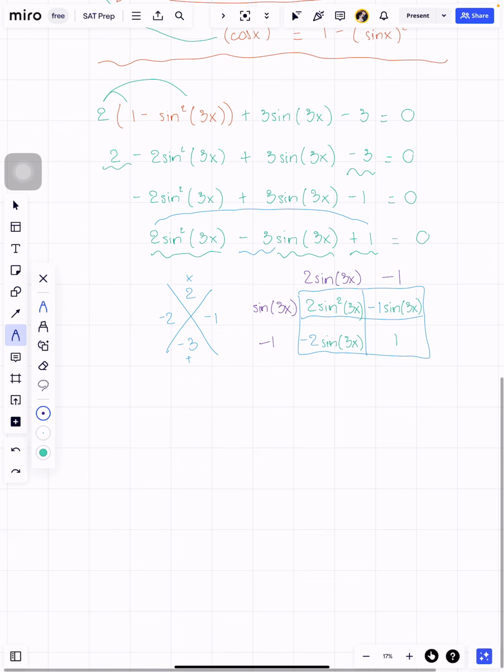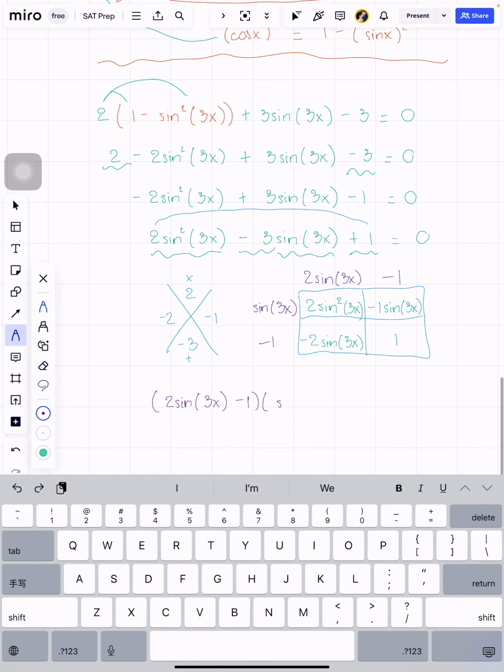And now I want you to use the outside layers to put everything together. So for the outside row, I have 2 sine 3x minus 1 as the first group. And for the column outside layer, I have sine 3x minus 1.